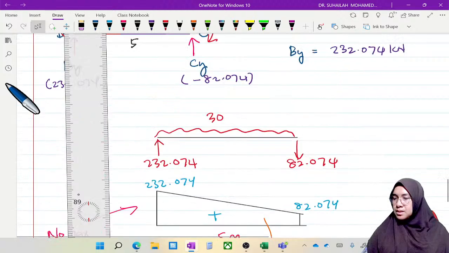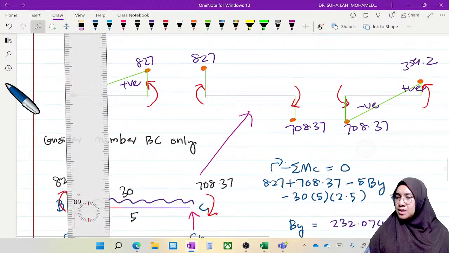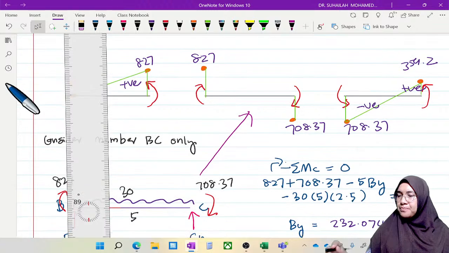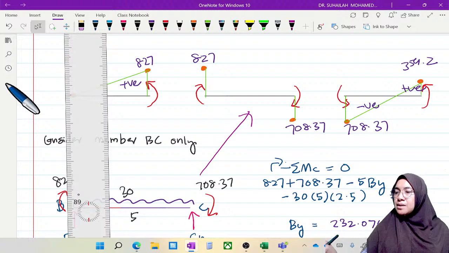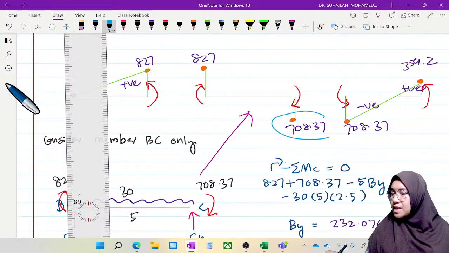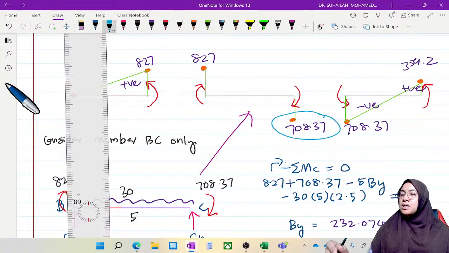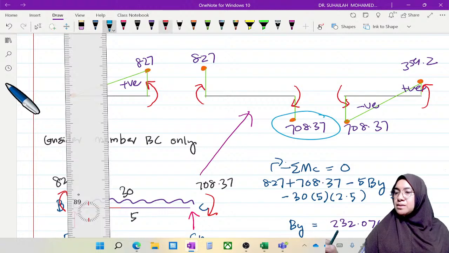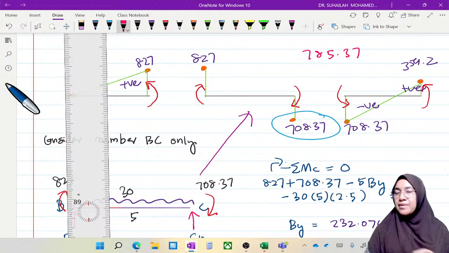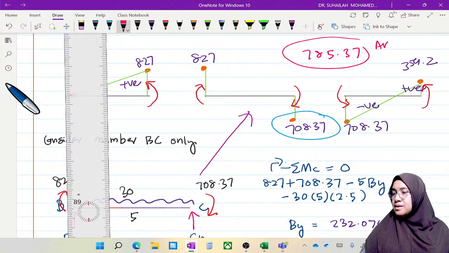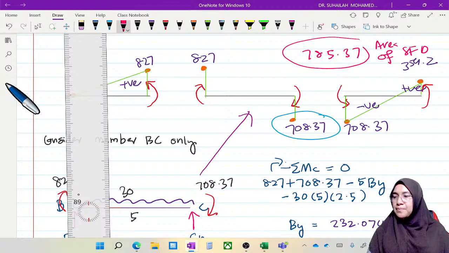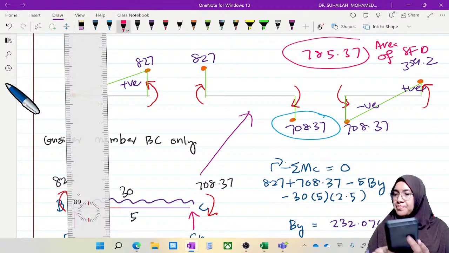Since it is a trapezium, in order to check the value, the area of the shear force diagram for BC is 785.37.